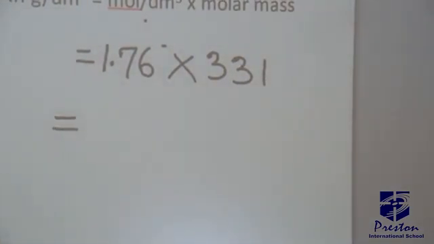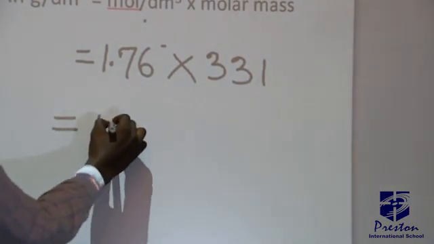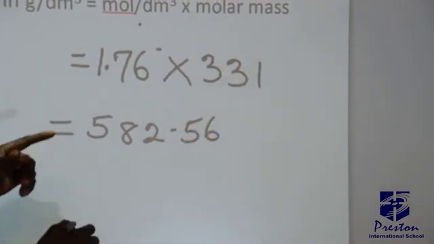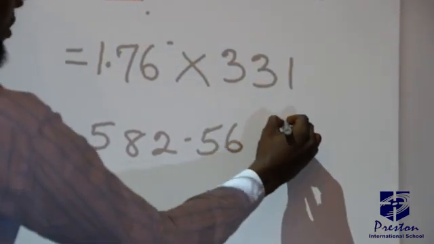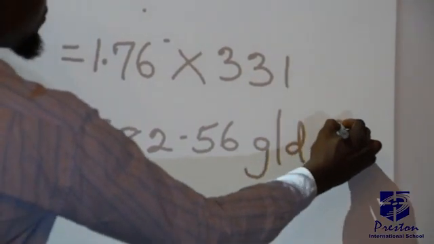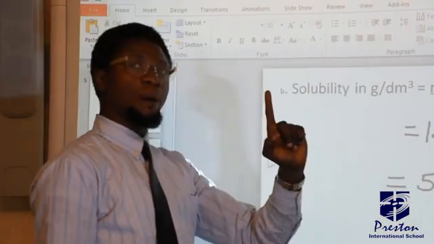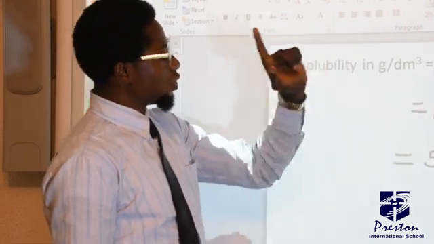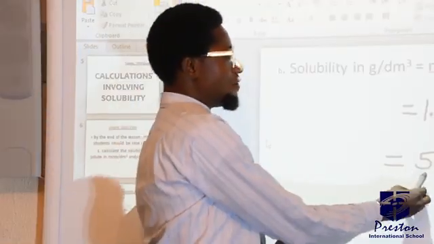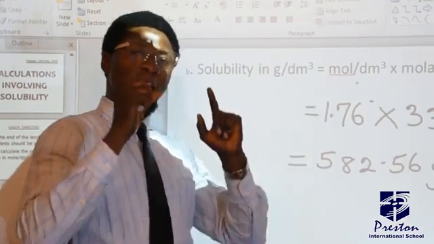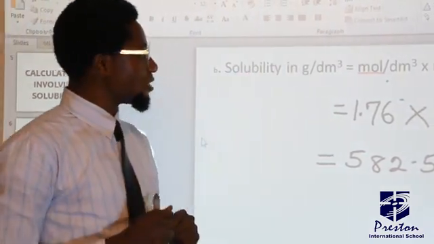So this will give us 582.56. Then this will be in grams per dm cube. This means that in every 1000 dm cube of solution, you must always have 582.56 grams of lead(II) nitrate.